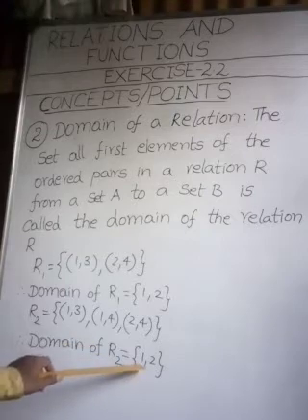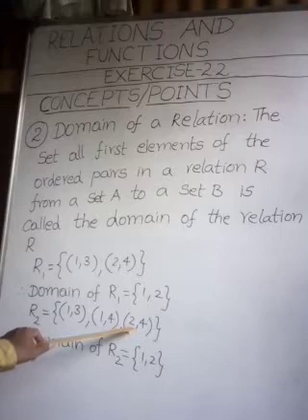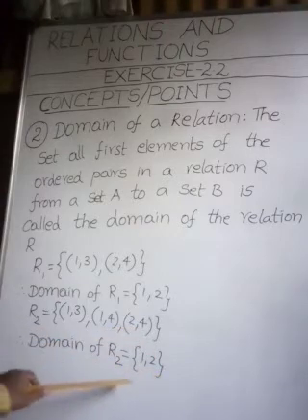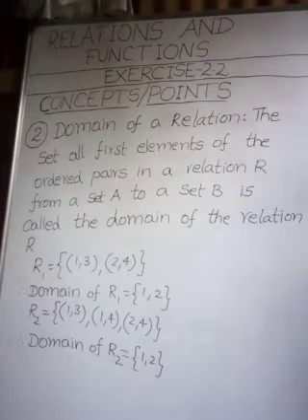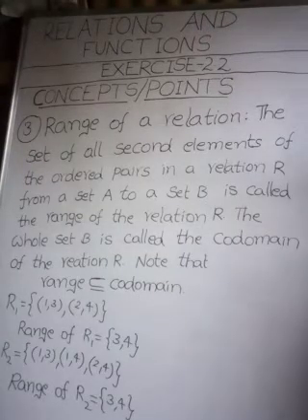So I am not repeating the element 1. And what is the first element in this ordered pair? 2. So here the domain of R2 is the set {1, 2}. Understood this point, my dear children? The second point is over. I hope you have understood the second point well.